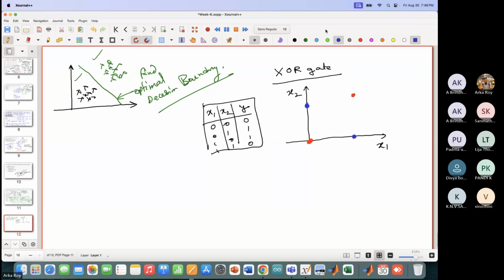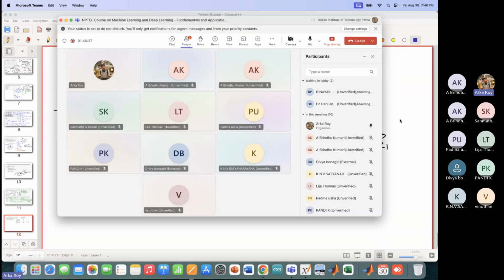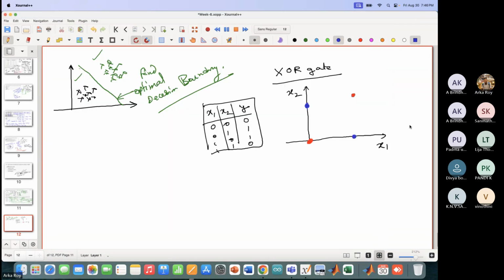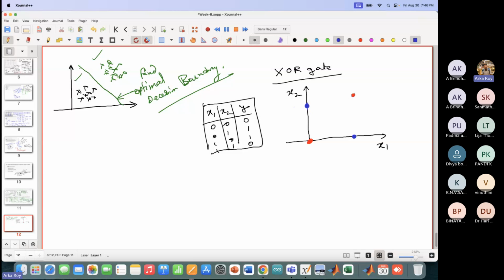Non-linearly separable. Yes, this is a non-linearly separable problem because you cannot put a single straight line in between. You would have to put two straight lines, which is not optimal because there is no unified decision boundary.